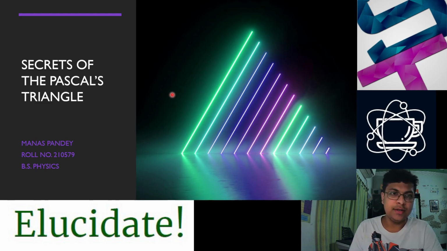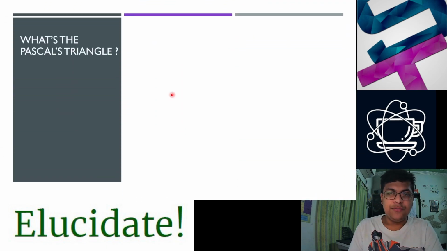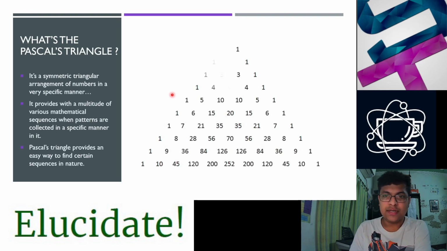So, let's start. Many of you may already know, but still to point out, what is Pascal's triangle, you may ask. It's a symmetrical triangular arrangement of numbers in a very specific manner, and it's a mathematical object that can provide a lot of various sequences when we collect patterns from it in a specific manner.